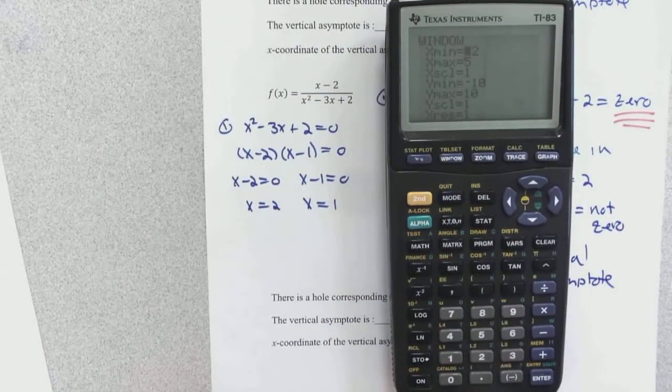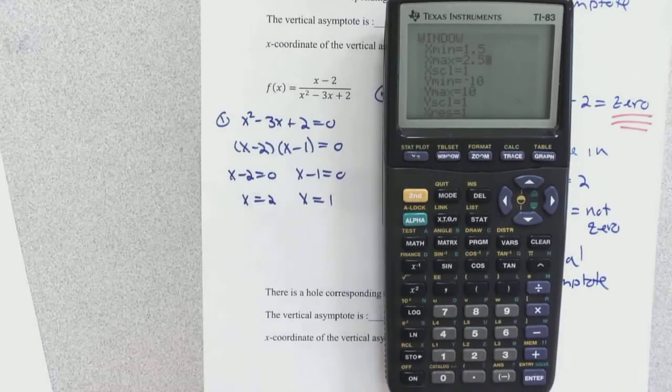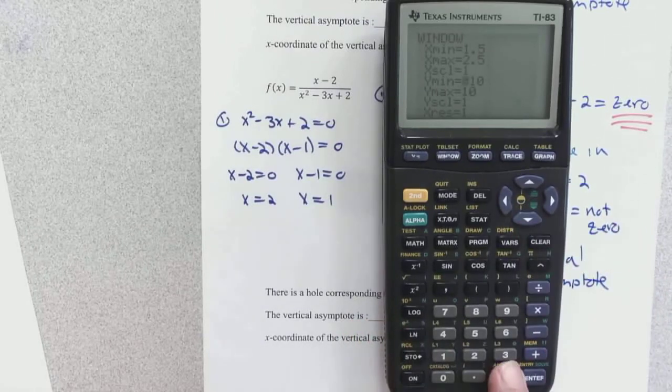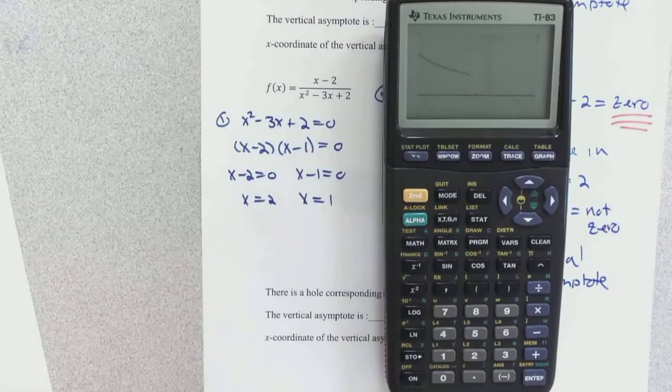And it was x equal 2. So I'm going to go 1.5 to 2.5. So 2 is going to be right in the center of my x-axis. And then on the y's, just so I can see the y-axis, I'm going to go negative 1 to maybe 3, because it kind of looked like maybe it's right around y equal 2. So I'm really zeroing in on that place right there, and I'll hit graph.